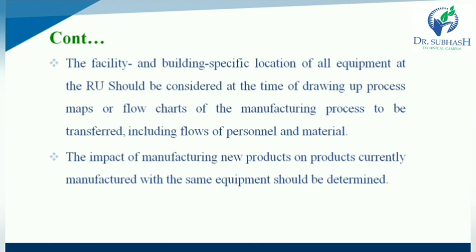The impact of manufacturing new products on the products currently manufactured with the same equipment should be determined. So which type of effect depends on manufacturing a new product on the product that is currently manufactured with the same equipment, it should be determined.